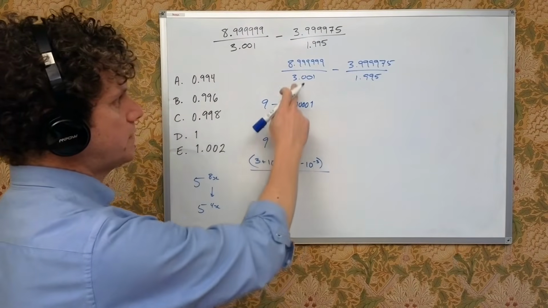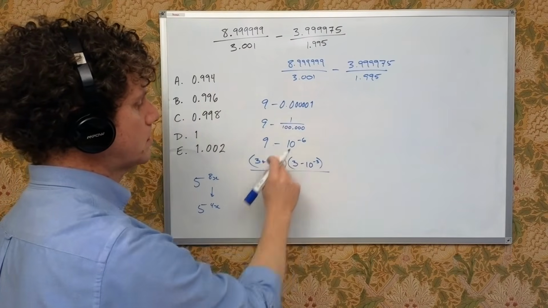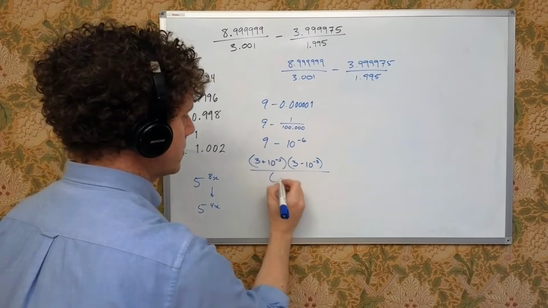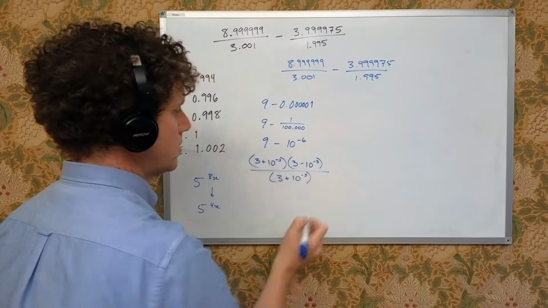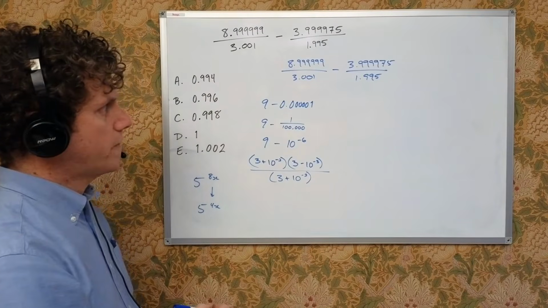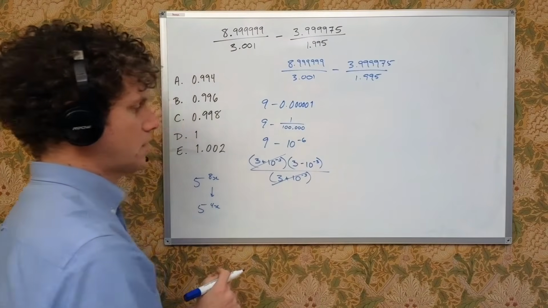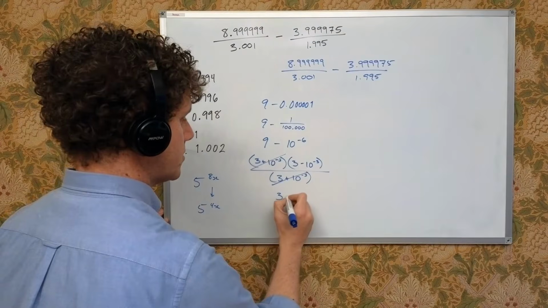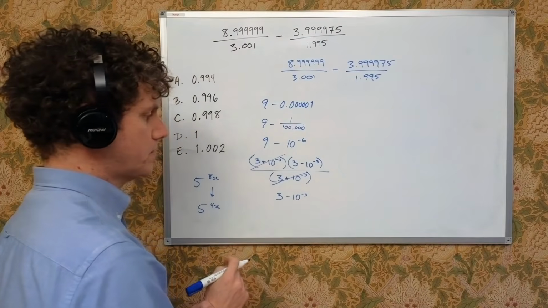And if I look at that, what is that but 3 plus a 10th 3 places over? Interesting. So that denominator's actually going to cancel out half of my numerator, and what I've got here is 3 minus 10 to the negative third.